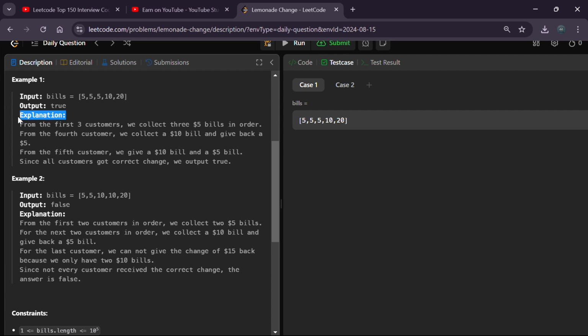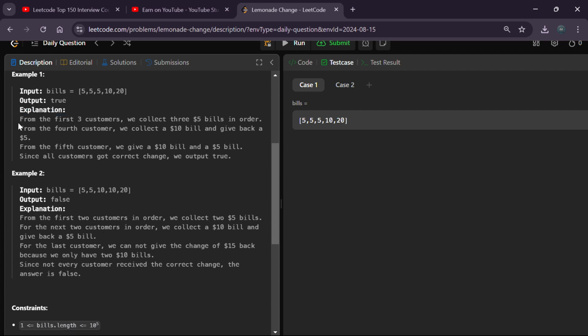Explanations. Let's go with the explanation also. If anyone didn't understand from me, I will explain through this description. So listen. From the first three customers, we collect three $5 bills in order, right? Because we don't have to return any change to them.